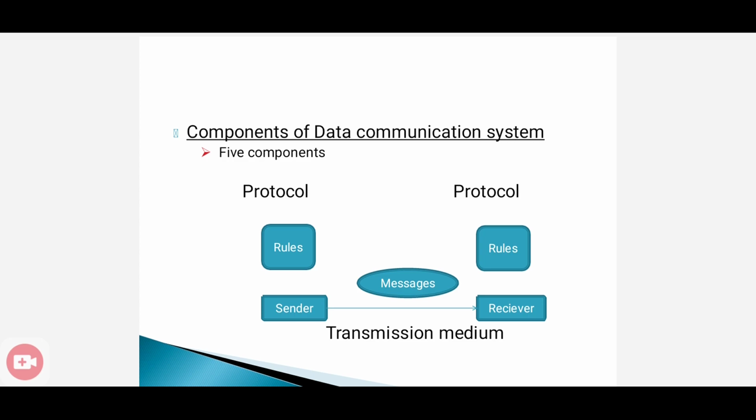Along with these, the fifth component is protocol. Protocol is a software component. Protocol means the rules used for exchanging or sharing information. Clear? So these are the five components present in a data communication system: sender, receiver, transmission medium, message, and protocol.